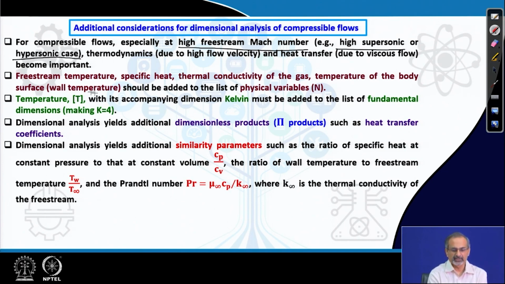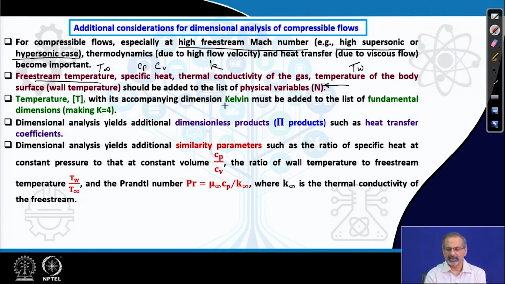As a consequence, free stream temperature, that is T infinity, specific heats Cp, Cv, thermal conductivity of the gas, and temperature of the body surface, that is the wall temperature, these become additional physical variables. So, they add on to the list of n.